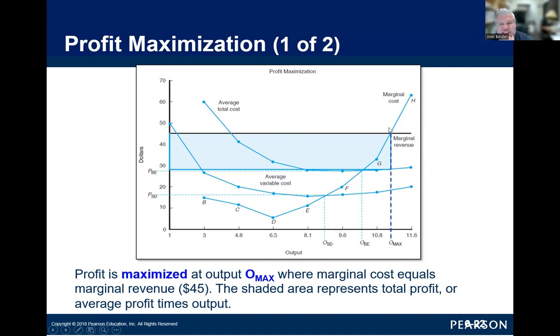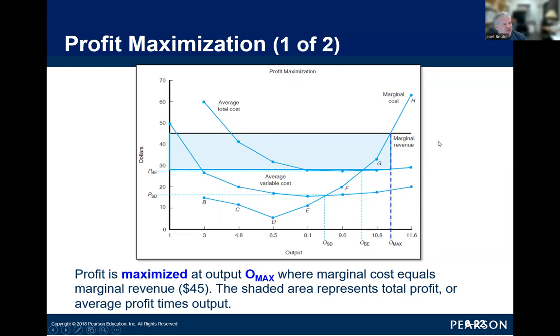the profit maximizing condition for the firm, we said, is when the spread between total revenue and total cost is at its maximum. Another way of putting that, I'm not going to spell it out because I'd have to use my whiteboard, is that marginal revenue equals marginal cost. And we can see that on this graph where we're at this point where our marginal cost curve intersects our marginal revenue line, right?